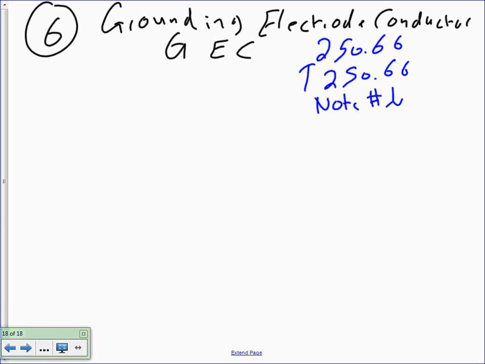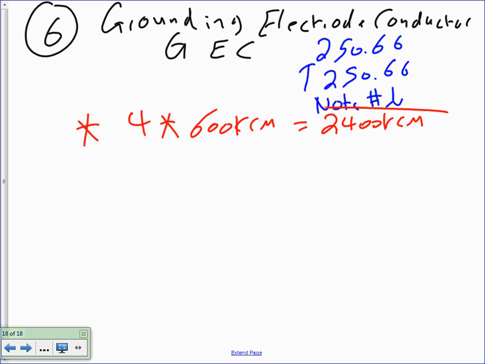Okay, here's what it tells you to do. You're going to take the number of runs. How many runs did we parallel? 4, thank you. Multiplied by what's the size? 600 kcmil. We just did this math: 2400 kcmil.